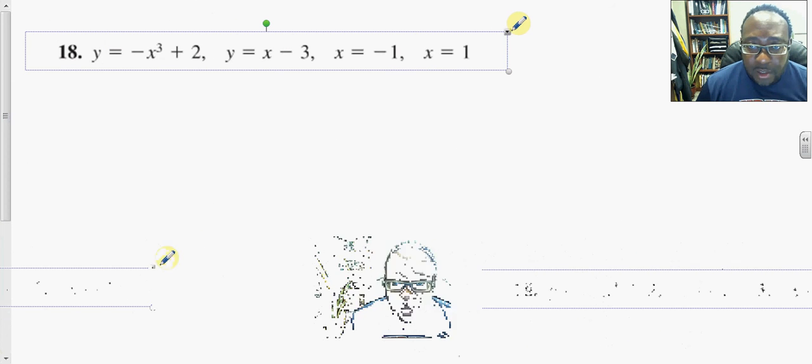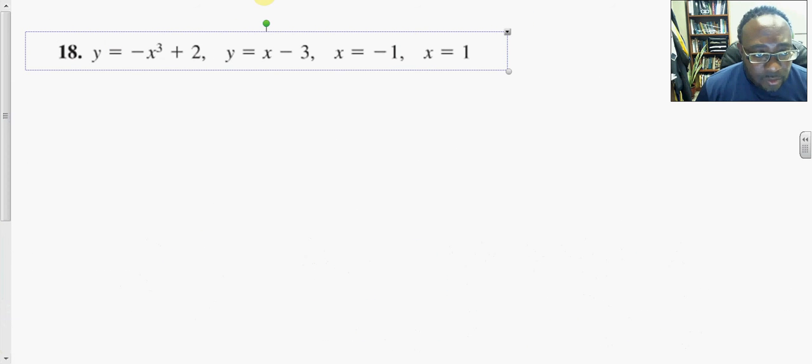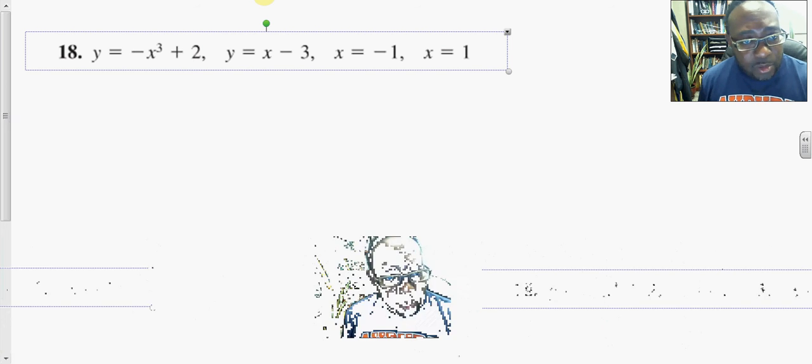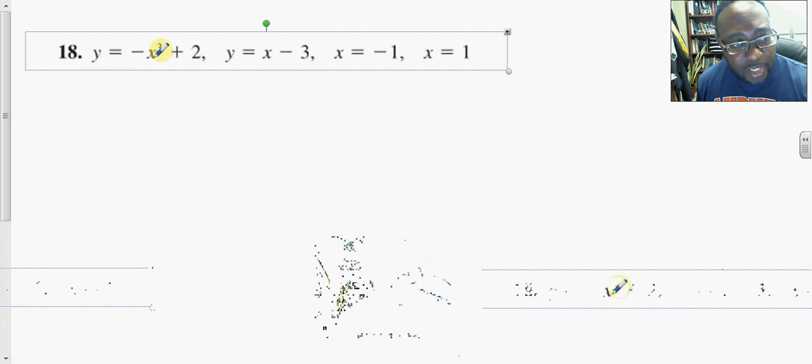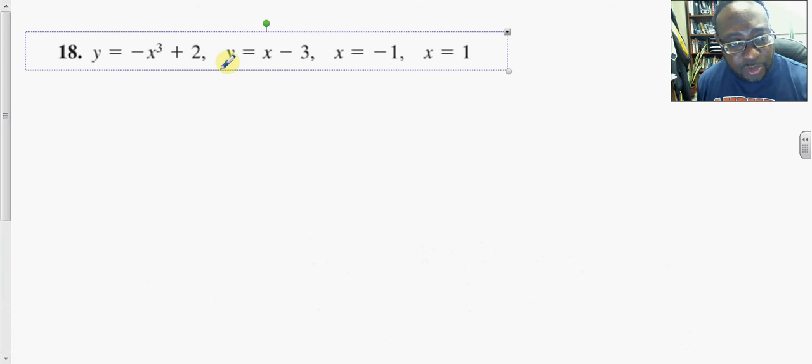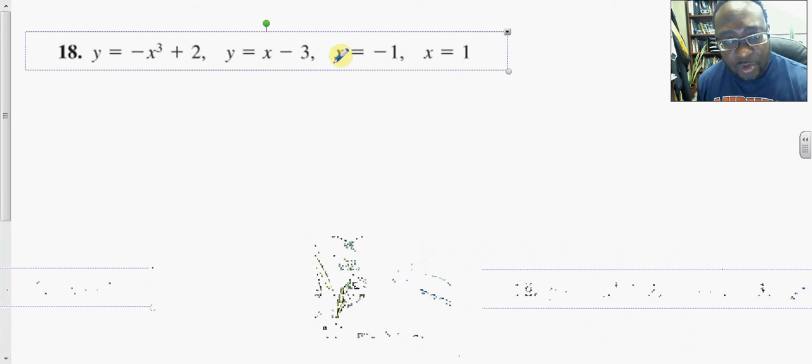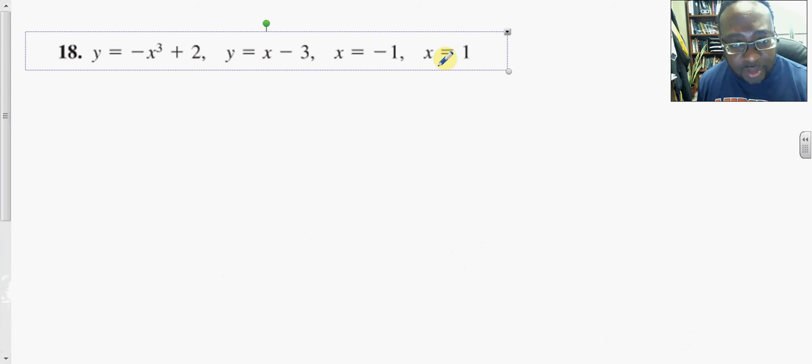Number 18. So we're given here y equal to negative x cubed plus 2, and then y equal to x minus 3, x equal to negative 1, x equal to 1.